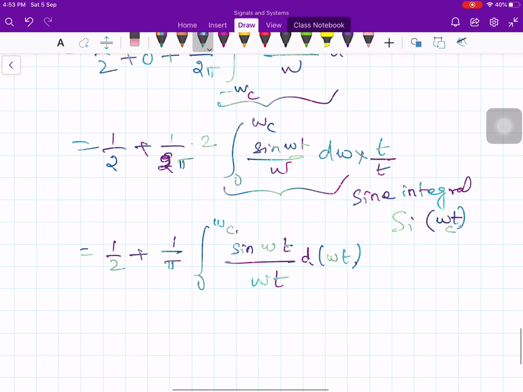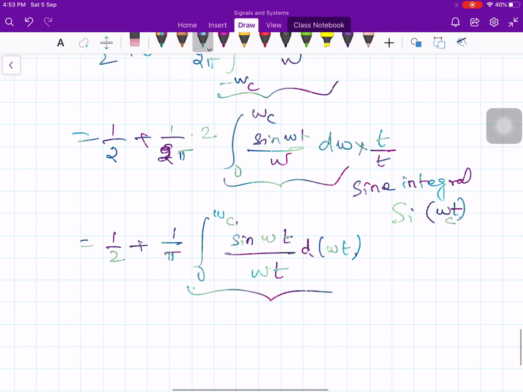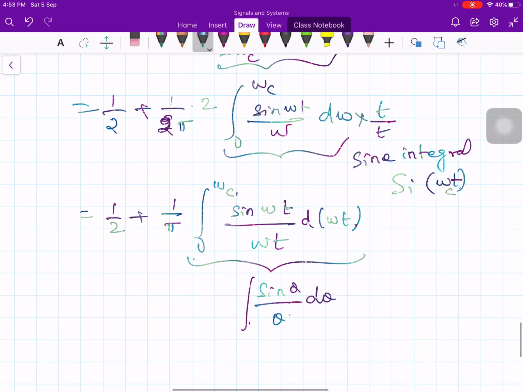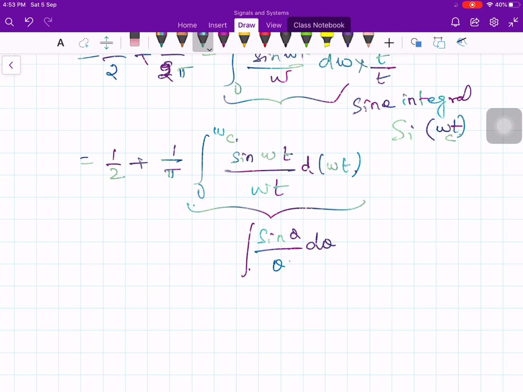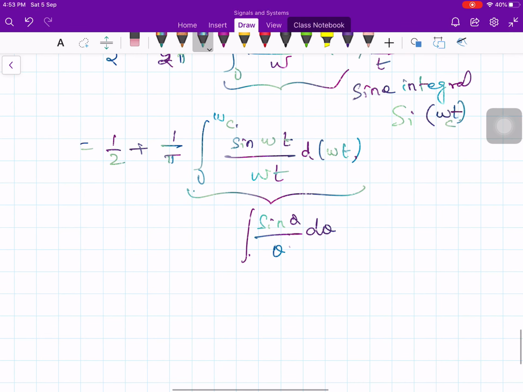Now this can be thought of as sin theta by theta and d theta, and once you have taken this as theta, then the limit will be omega c t. Omega becomes omega c and omega t becomes omega c t. So this whole thing becomes Si of omega c t.